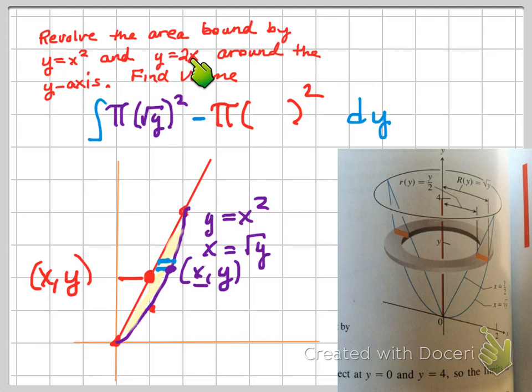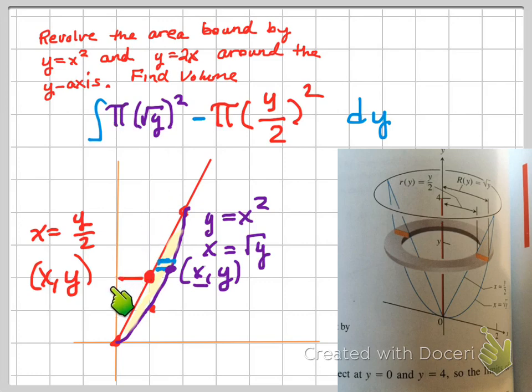I need to know what x is equal to because I can't use x's in my formula. x would be equal to y divided by 2. So my inner radius is y divided by 2. I'm going to have to work this out to find my area. And keep in mind, we need to know where we're going from and to.